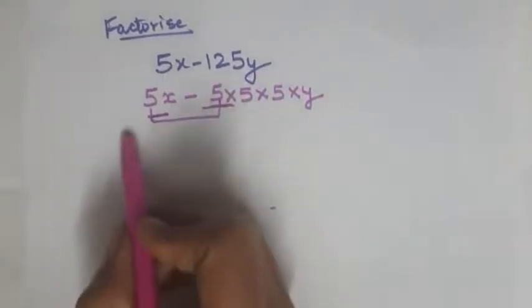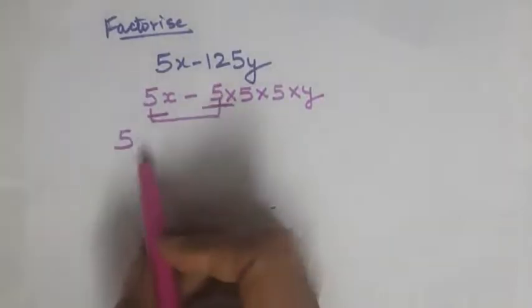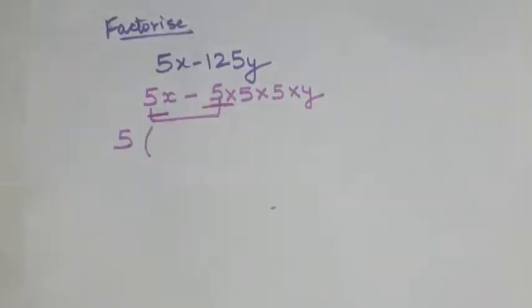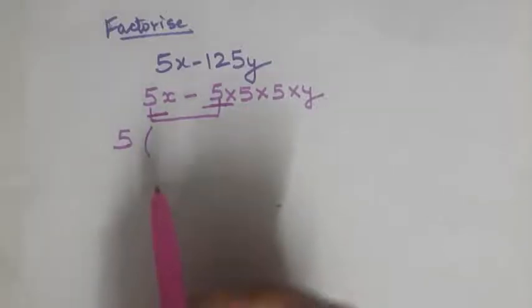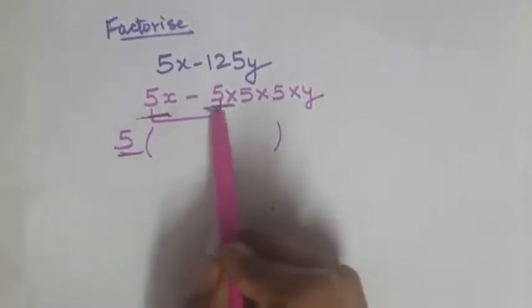So can I take 5 as common? Common means I am just keeping it outside the bracket, and inside the bracket I will write all those terms which are left after taking common. So 5 is taken common from here and from here also.